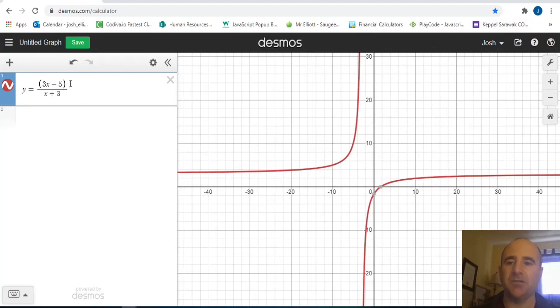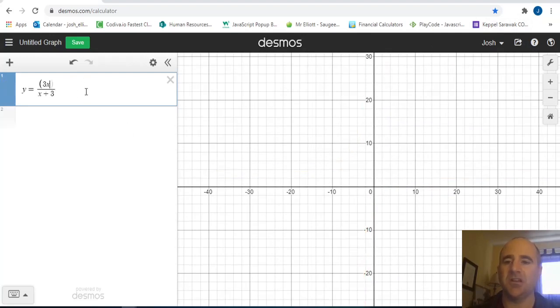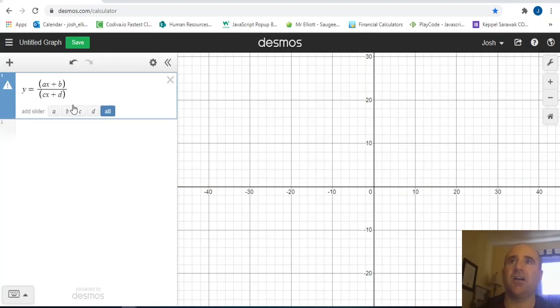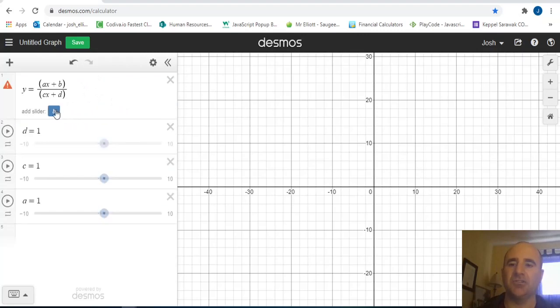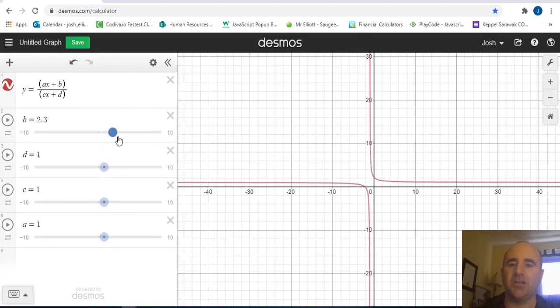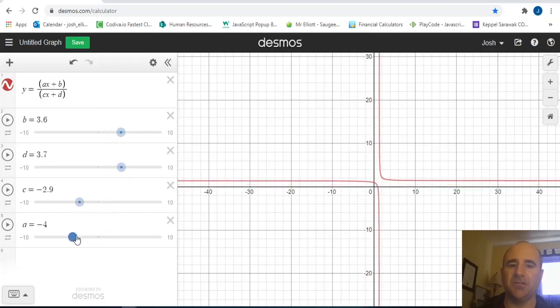In fact, one thing you can do in Desmos that's kind of cool is I can actually put y equals (ax plus b) divided by (cx plus d). And of course, there's no numbers there, so there's no graph, but it recommends I add a slider for a, b, c, and d. I could just click all. And then what I can do is I can go through all the possibilities and sort of slide these values around.